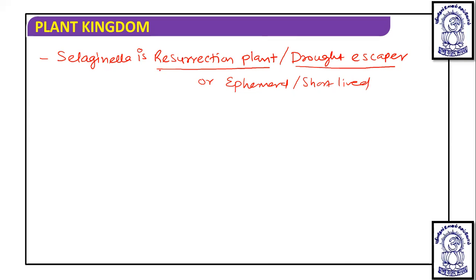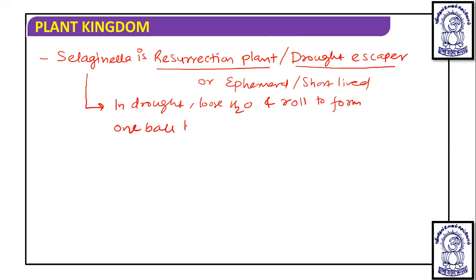Why is it known as the resurrection plant or drought escaper? Because in drought they lose water and roll to form one ball-like structure.